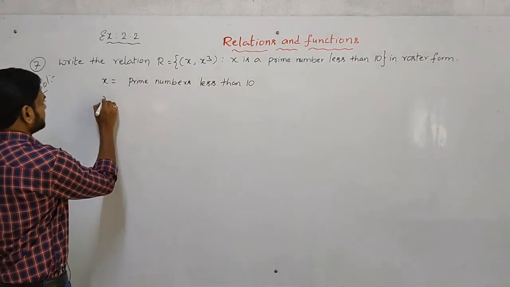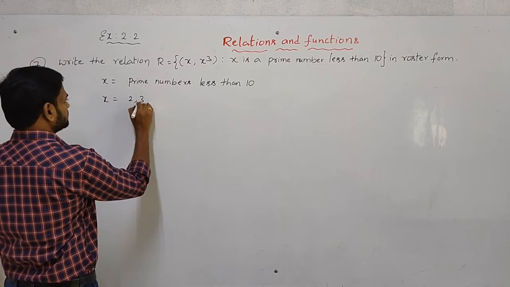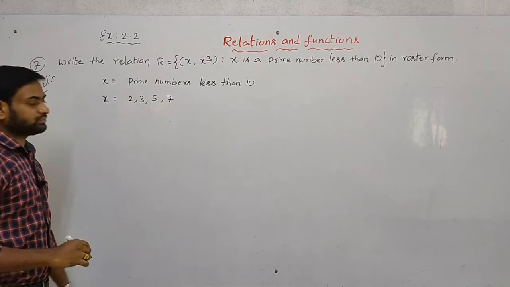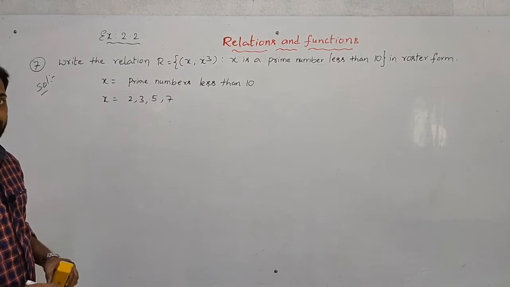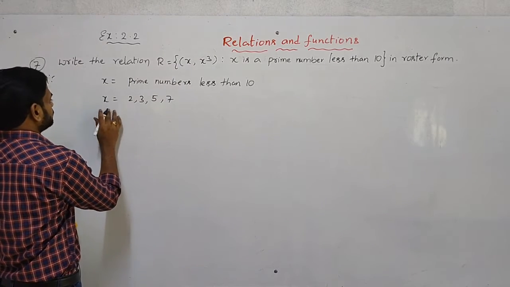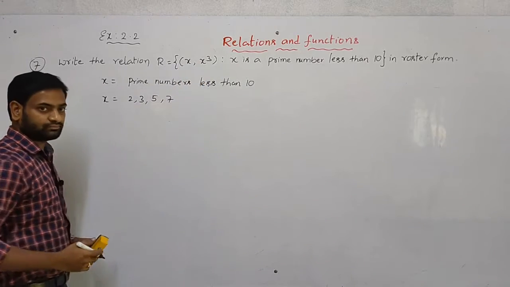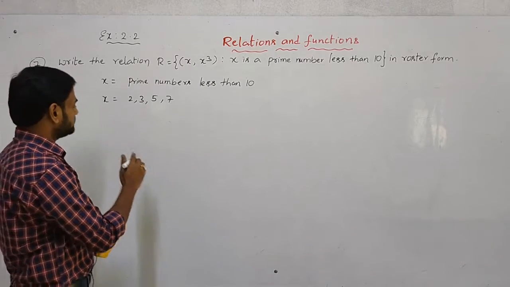So less than 10, what are the prime numbers? That is 2, 3, 5, 7. Below 10. So these are the prime numbers. Now see, the pair is (x, y) where the y value is x cube.